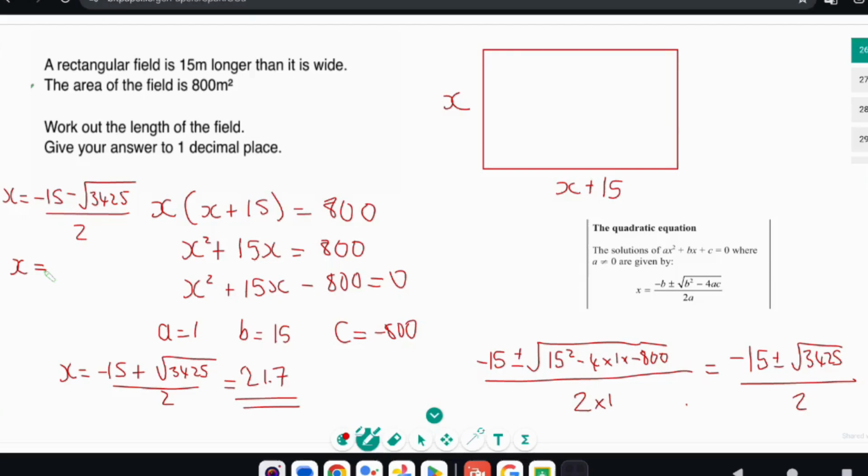Minus 36.7 or so. Cannot be that because it's a negative dimension. So it's 21.7. We want to work out the length of the field. So 21.7 plus 15, 36.7.